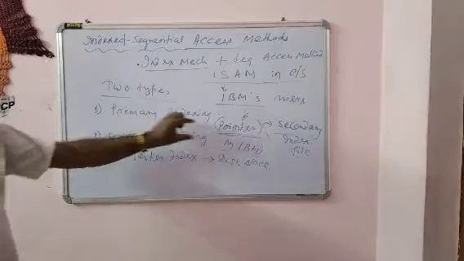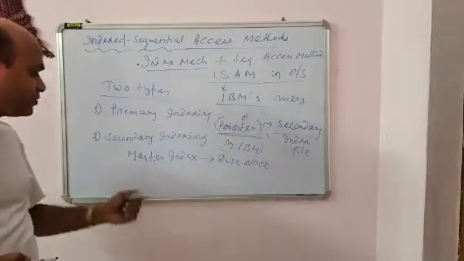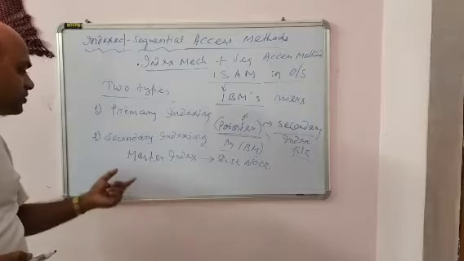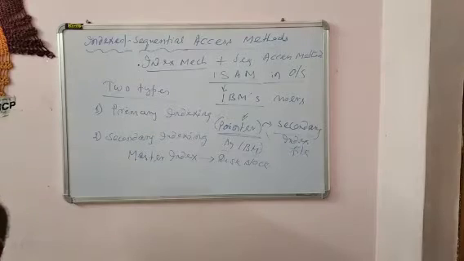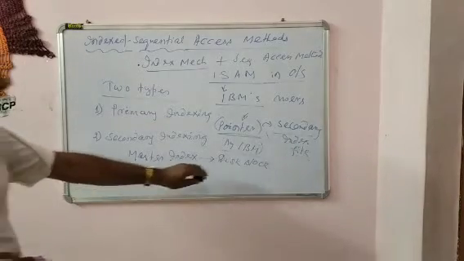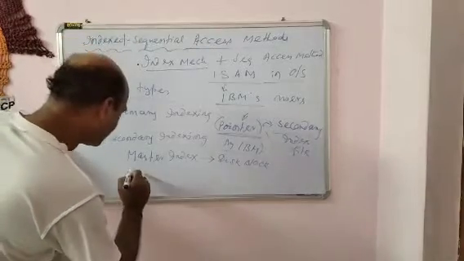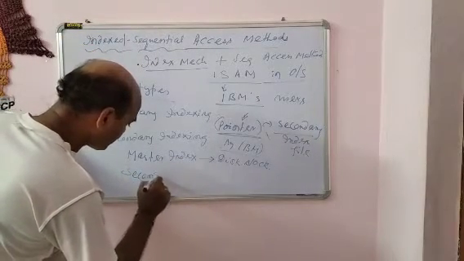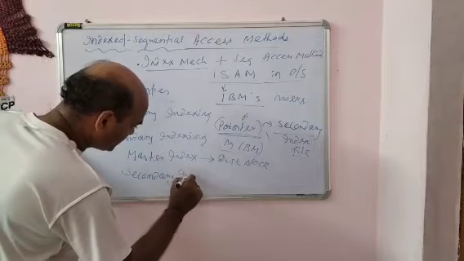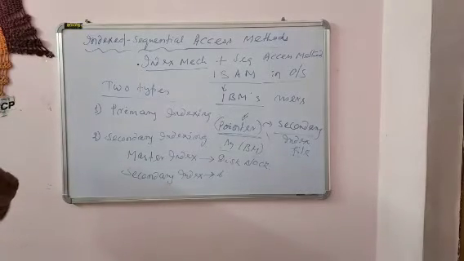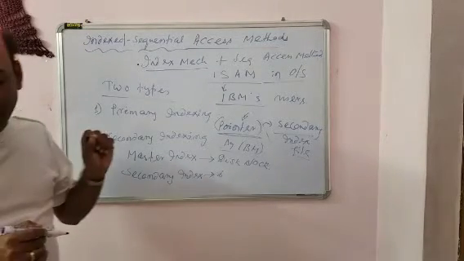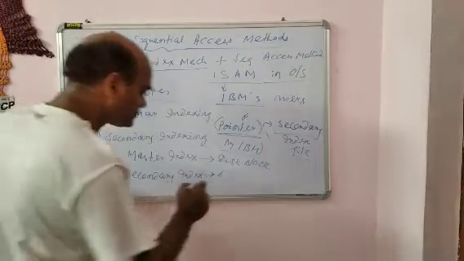Okay, so in secondary indexing, introduced by IBM, what happens? There is a master index. The master index normally points to the disk block of the secondary index, and the secondary index points to the actual file blocks.